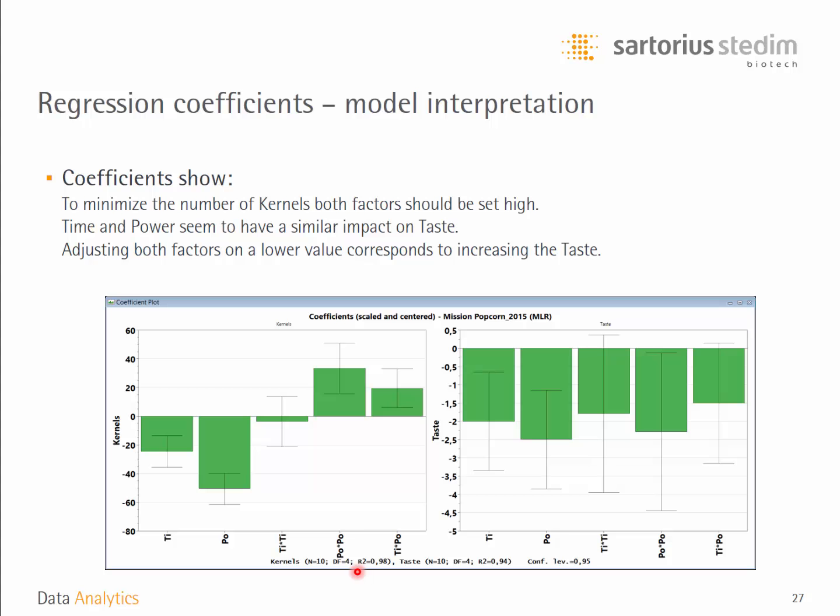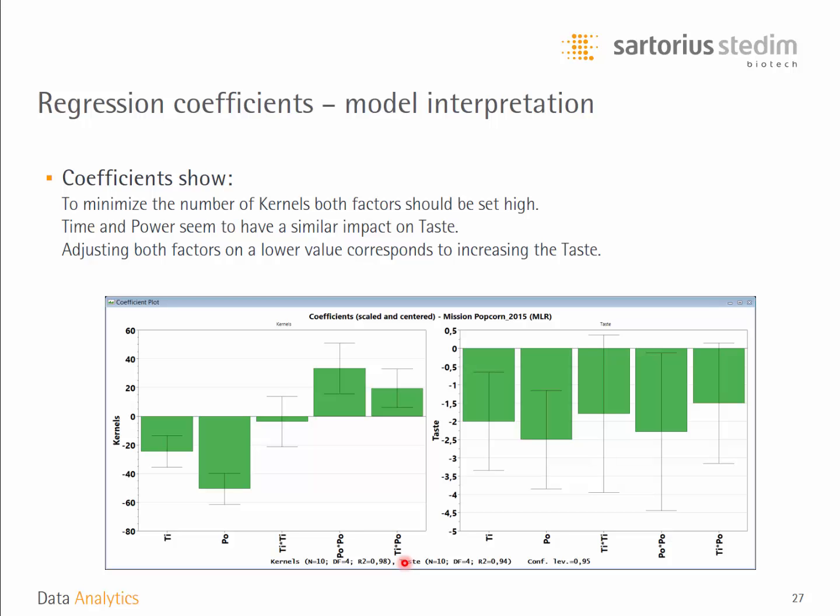Another plot that is part of this Analysis Wizard is the so-called regression coefficient plot, which we can use for model interpretation. Because we have selected the design, we have a predetermined set of coefficients in the model. This is a quadratic model, so it will have a linear term for each factor, a quadratic term for each factor, and the 2-factor interaction.